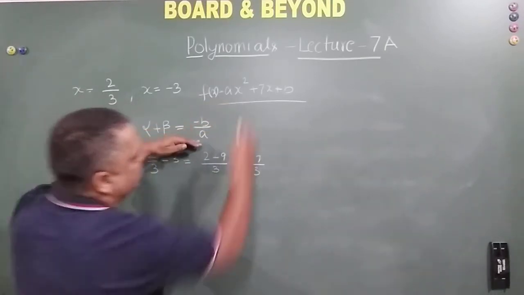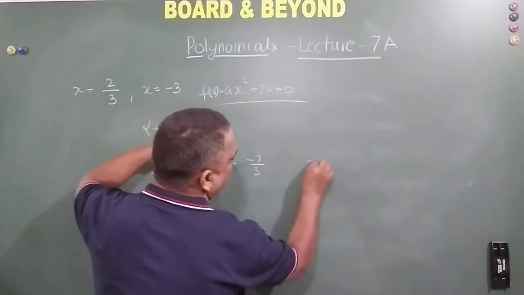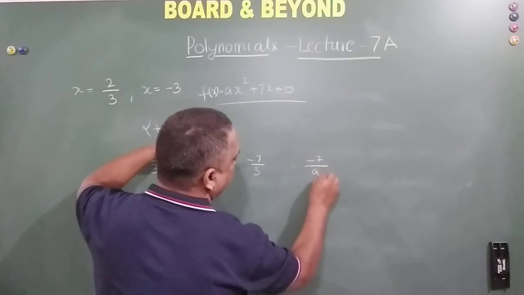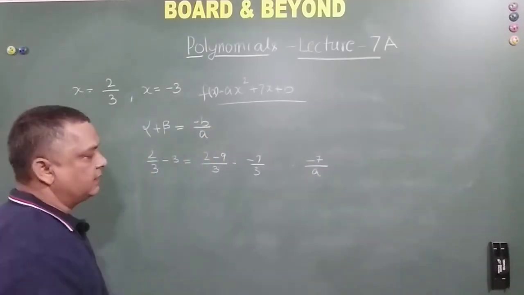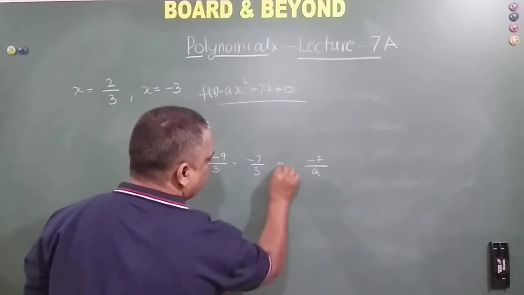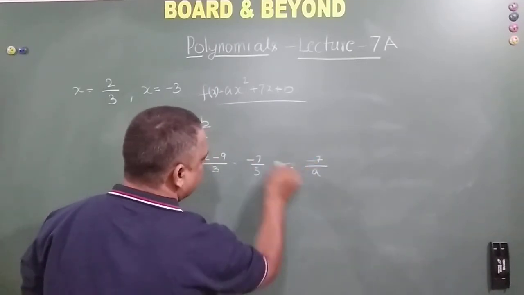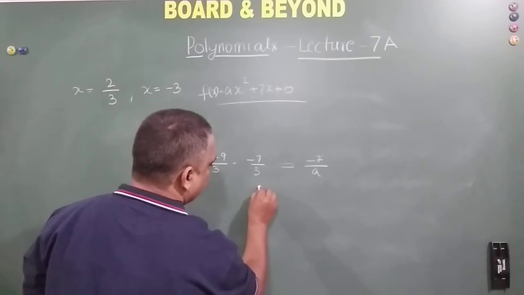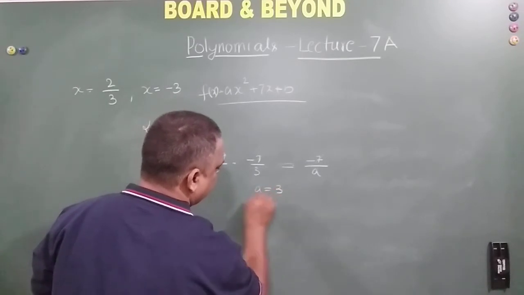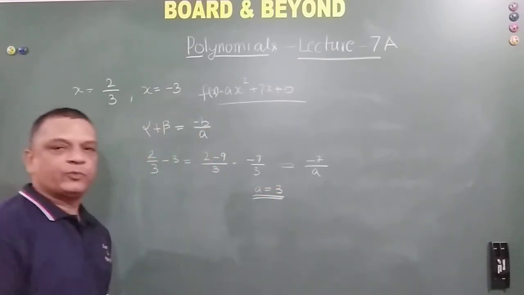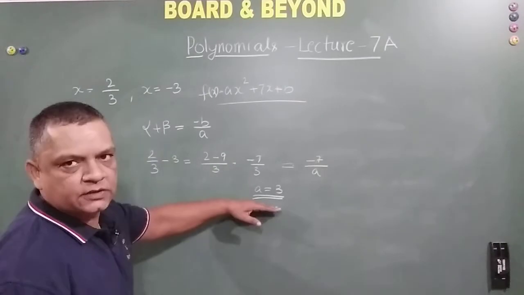So minus b by a is equal to minus 7 by 3, so if we try to solve these two things, this and this cancel, so a is equal to 3. You're getting my point? So a is equal to 3.